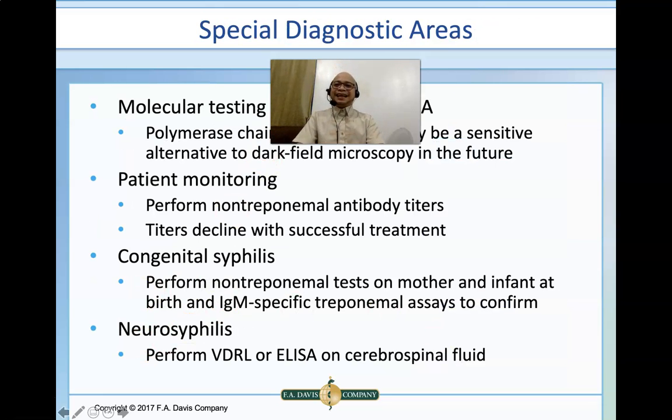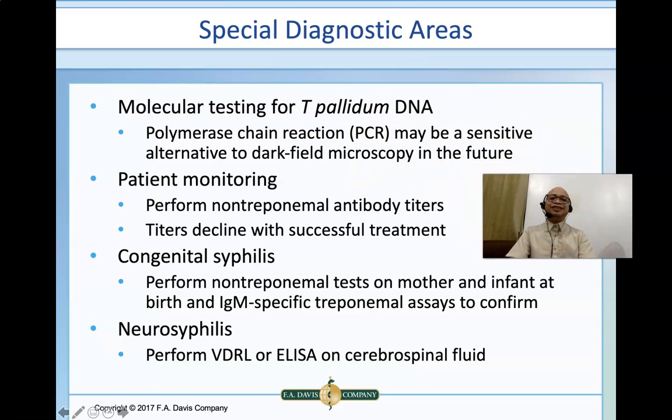Okay, and there are also special diagnostic areas. We have molecular testing for Treponema pallidum DNA using PCR. It may be a sensitive alternative to dark field microscopy in the future, but more expensive, of course. Patient monitoring is performed, particularly with non-treponemal antibody titers. What does it tell us?